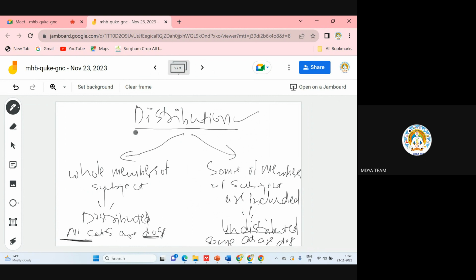So this distribution is based on quantity. If you are including all members of the subject, then it is a distributed statement. And if you are not including the whole members of the subject, then it is undistributed. Is this clear?